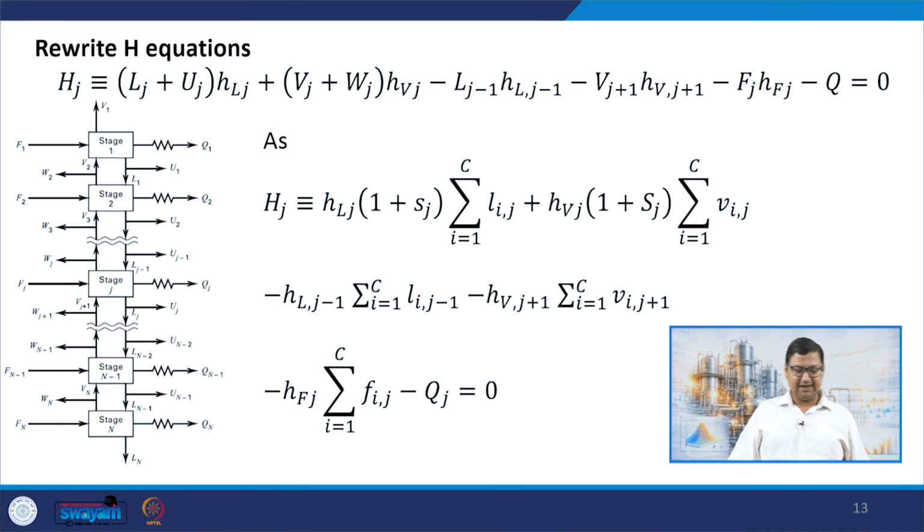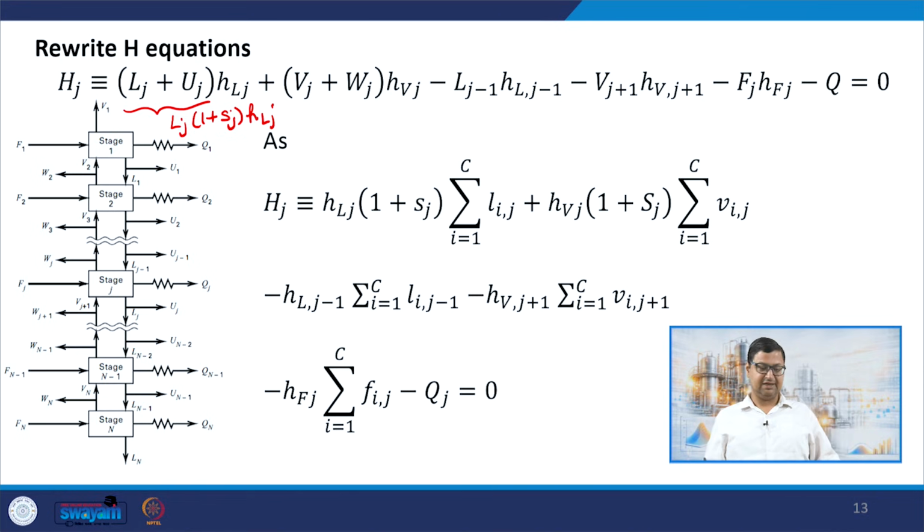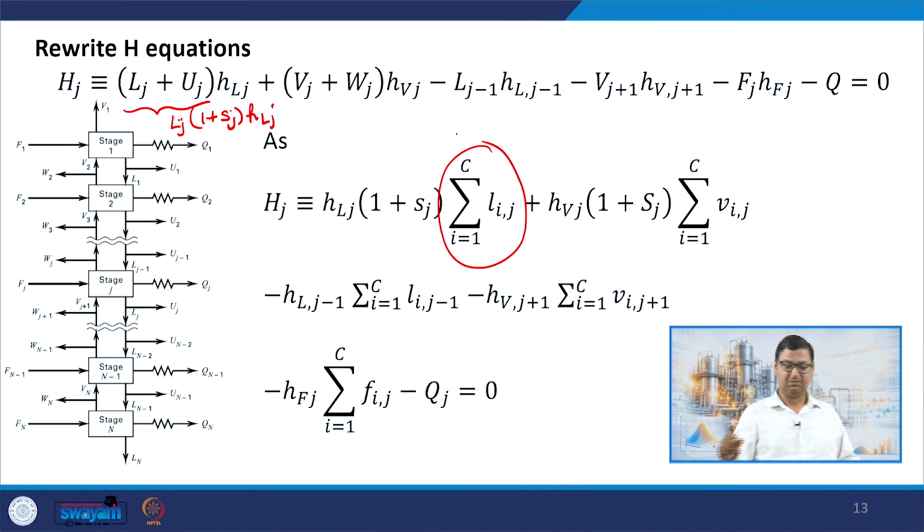I also go ahead and rewrite the H equations, the energy balance equation. So by whatever logic that we have given, this becomes Lj into 1 plus Sj into HLj, right, and Lj again I can replace with the summation over all the components of the component molar flow rates, small Lij.